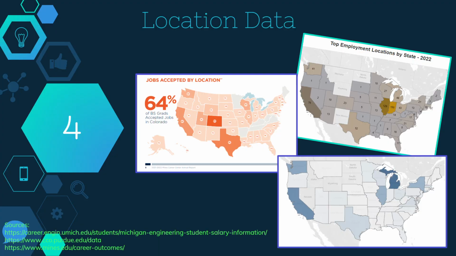Okay, location data. To me, location data is really important. I am from California. I went to school at Purdue. Those are very different parts of the country. I didn't want to stay in Indiana after I graduated. If I had been at a small regional school that wasn't known elsewhere, it would have been more difficult for me to get a job.